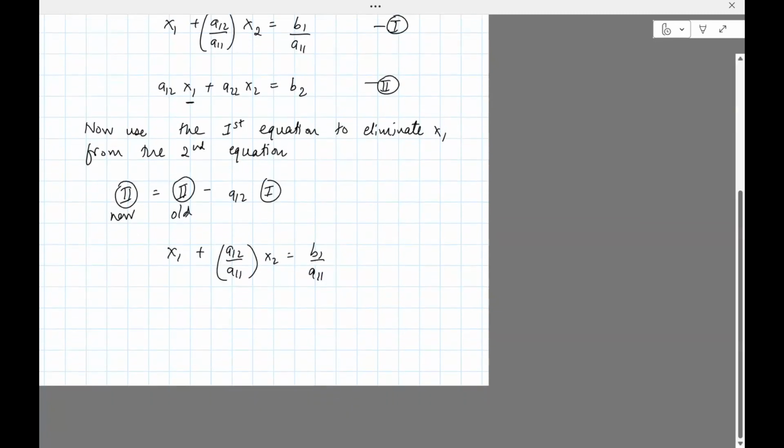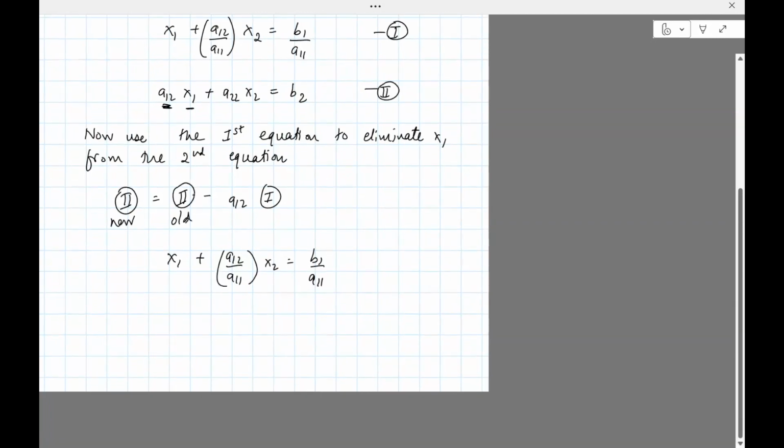And the second equation would be now, since it's A21 minus A21 times the first equation, so there'll be a 0 here, and then I would have A22 minus A12 divided by A11 times A21. So the ratio will stay, and then we have to multiply that with A21.